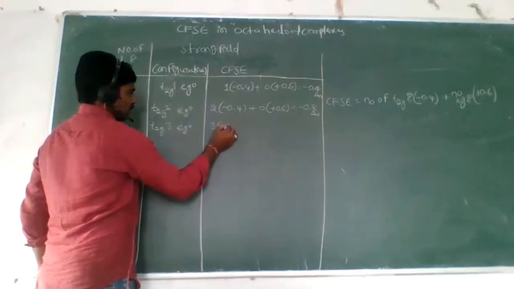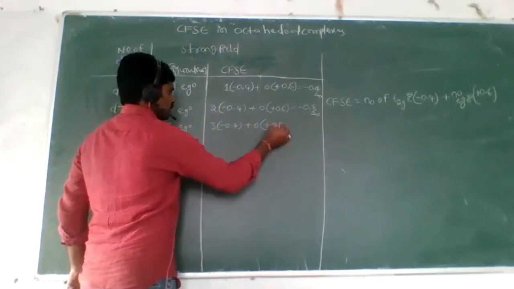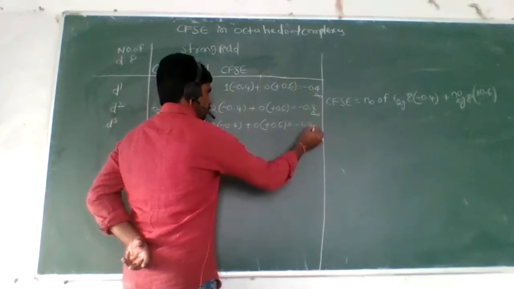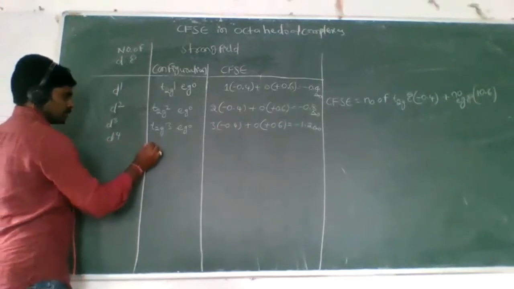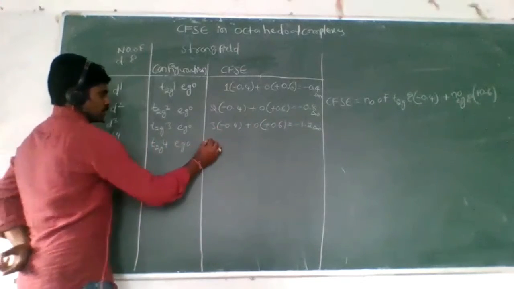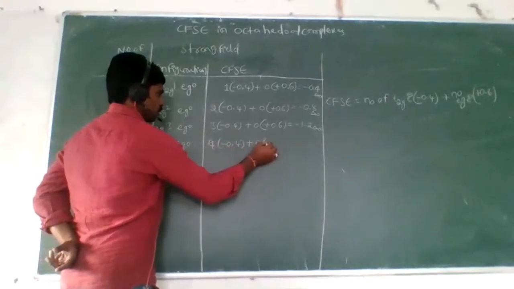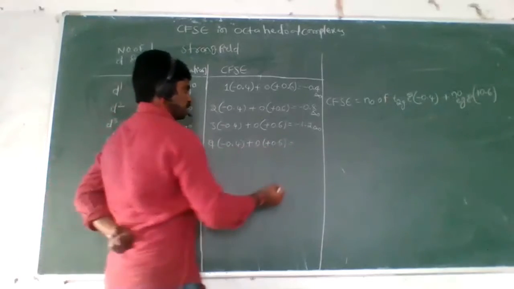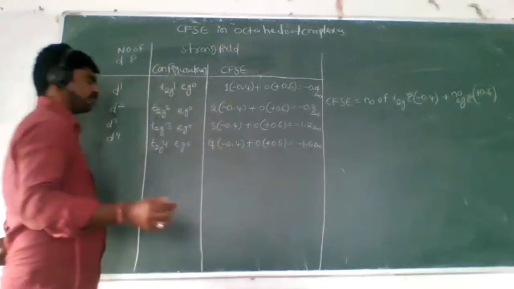So 3 times minus 0.4 plus 0 times 0.6, that is 3 fours are 12, so minus 1.2. Clear? Now d4: T2g4 EG0. So 4 times minus 0.4 plus 0 times 0.6, 4 fours are 16, so minus 1.6 delta naught. Is that clear?